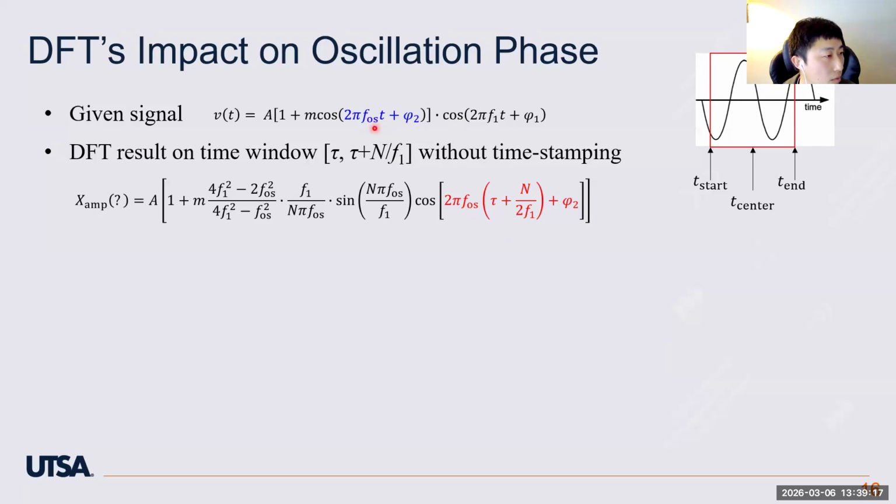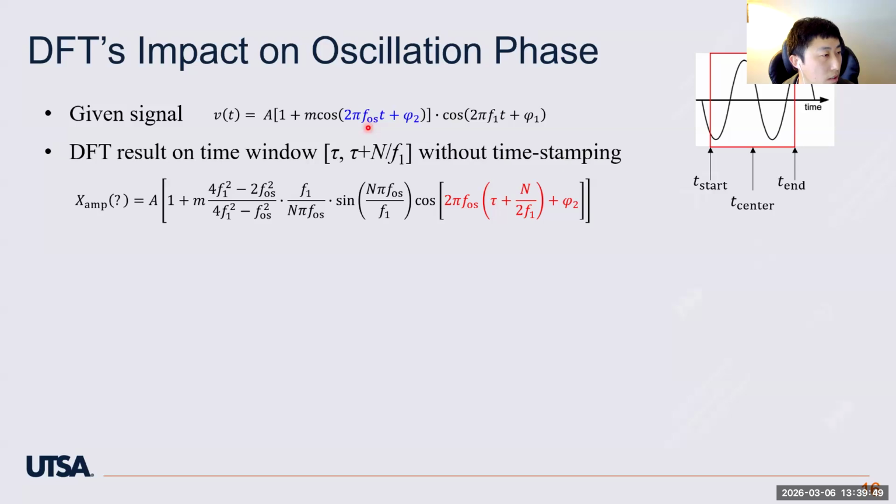So given this signal here, we apply the n-cycle DFT, we got the result. This is exactly what we did, but this time we didn't assume the timestamp. We still use tau here. And we rewrite the expression, and then we compare the derived phasor with the original modulated components there.